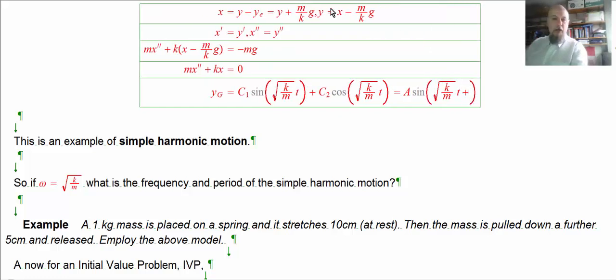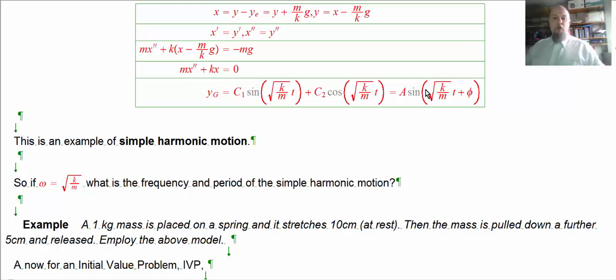So what did we say here? Plus phi. So it's a second order equation. We get two initial conditions. Those two initial conditions would help us find the two constants, either C1 and C2, or A and phi. So this is our example of simple harmonic motion.